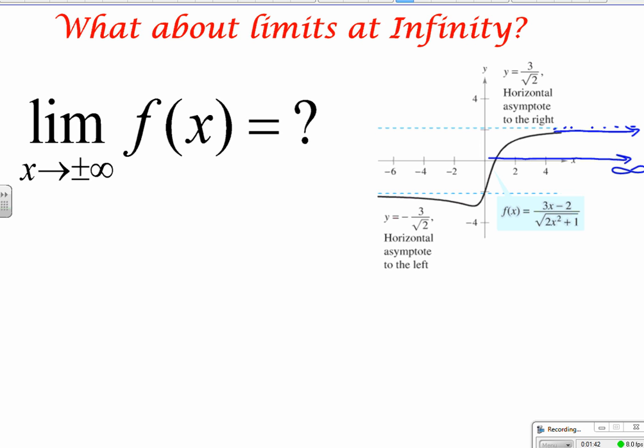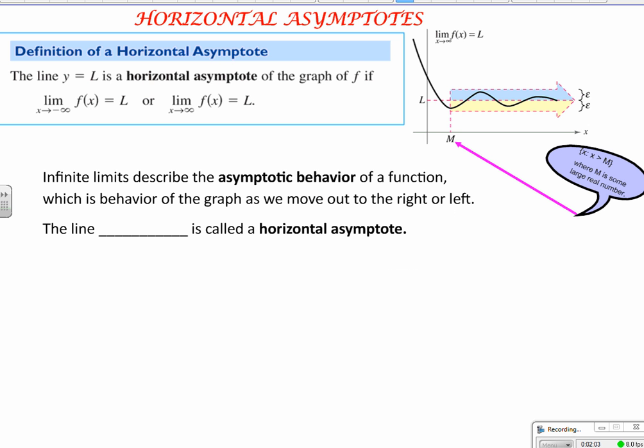And if I look at this picture, I would say yes. I think as x moves out to positive infinity, it appears that I do have a limit at this height right in here. As I move to negative infinity, way far to the left, it appears that this function is settling down too and riding it out.